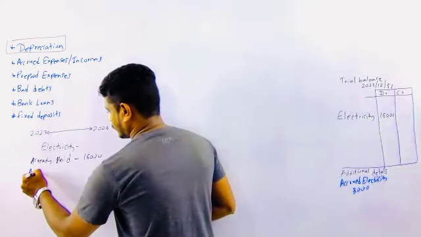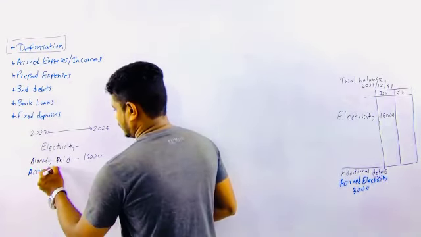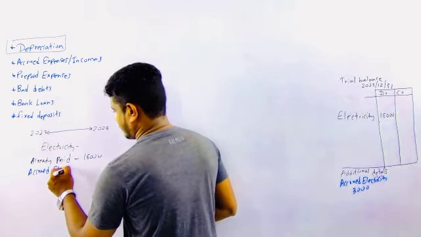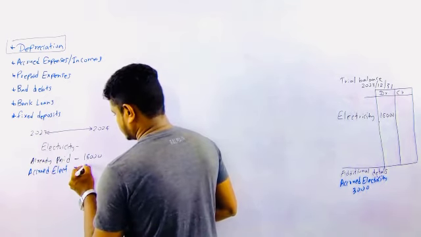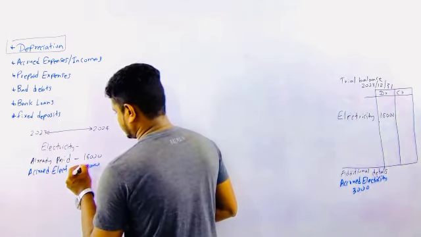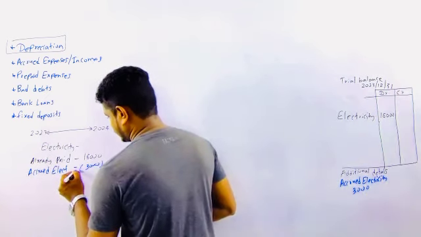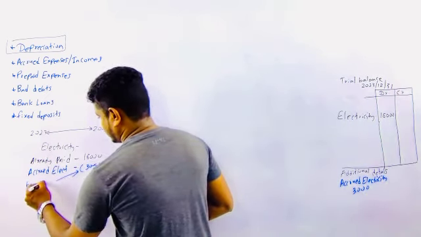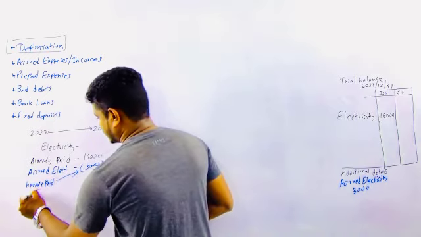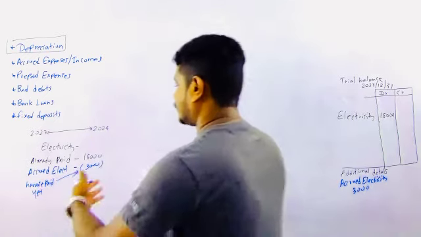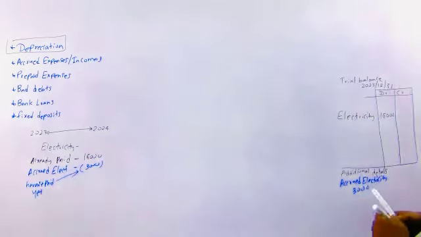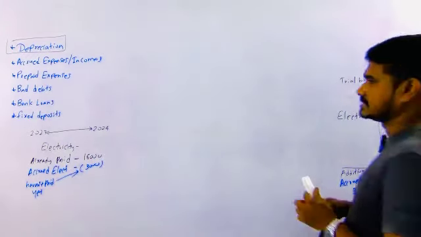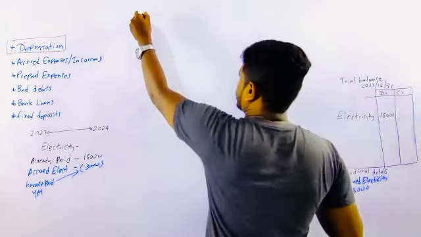accrued electricity charges 3,000. It means we haven't paid yet. It means we have to pay this. And they are giving us these two statements, no?